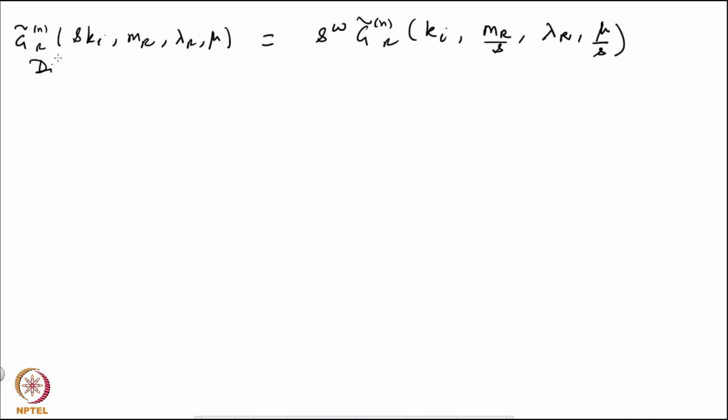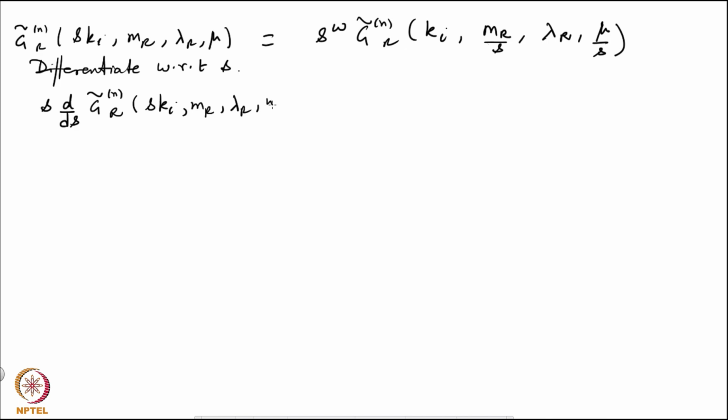Now let's differentiate this. Okay. So what does that give? That gives s d over ds. Okay, so I'm differentiating with respect to s and then multiplying s also. G tilde n r s ki, m r lambda r mu.